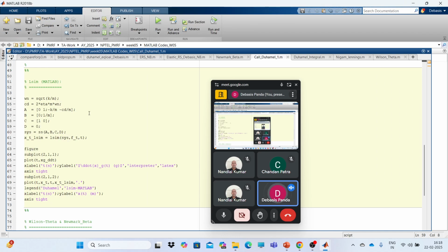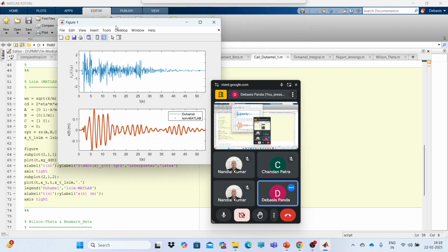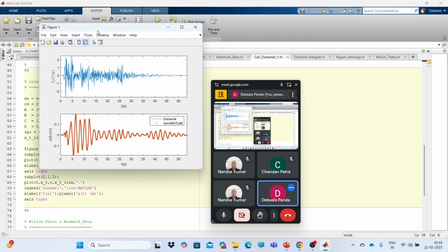So again we have that system, which we used to solve using the Duhamel integral. Here look, the LSIM also provides the stable solution for this system, where the El Centro ground motion is provided as the input.